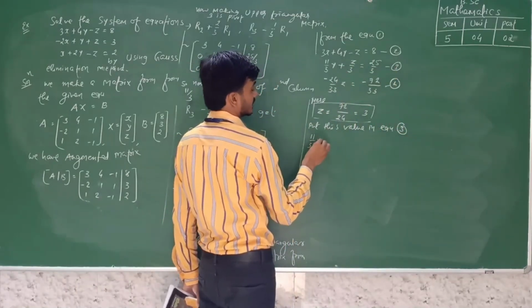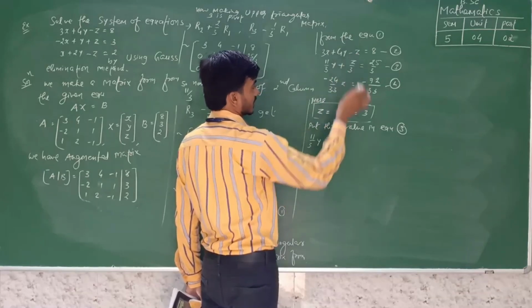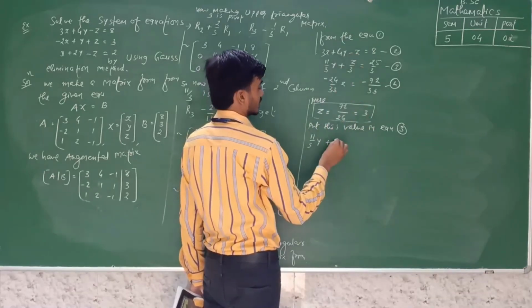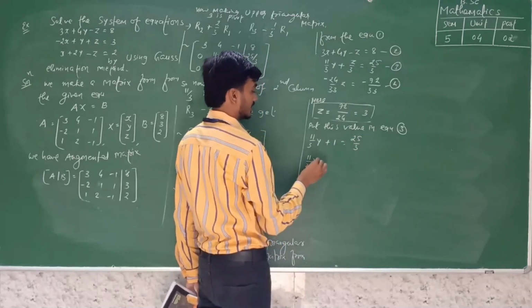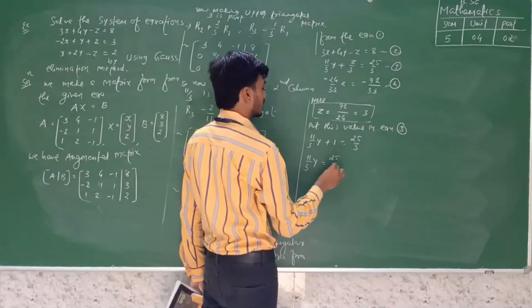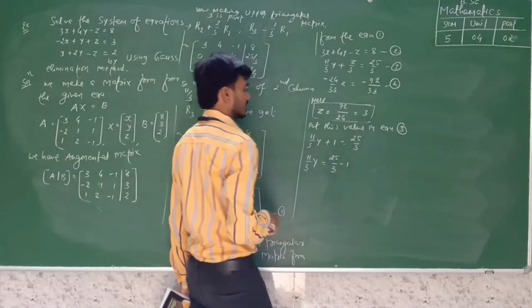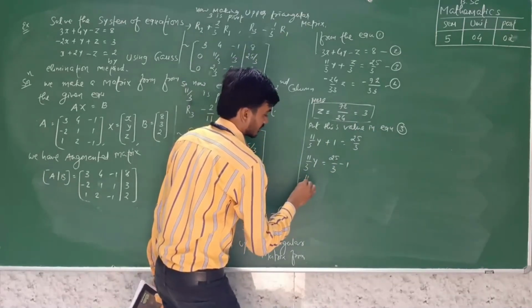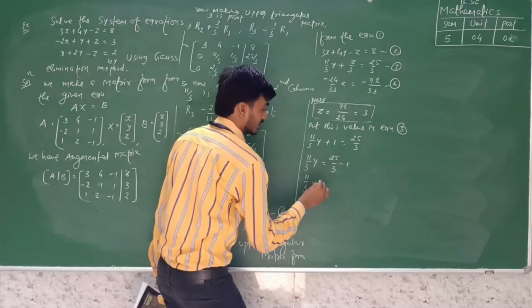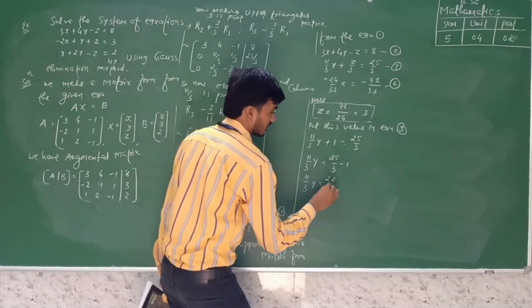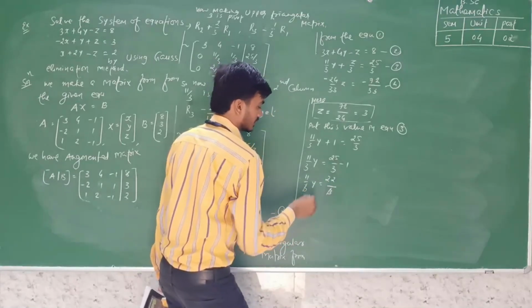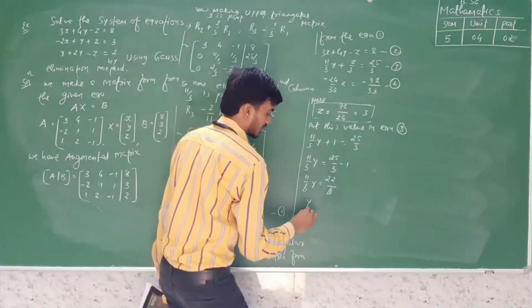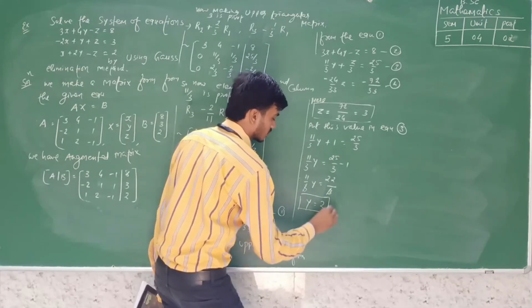So 11 by 3 y plus 1 by 3 into 3, that means 1, is equal to 25 upon 3. So 11 by 3 y is equal to 25 upon 3 minus 1. 11 by 3 y is equal to 22 upon 3, 3 cancels. 11y is equal to 22, that means y is equal to 2.